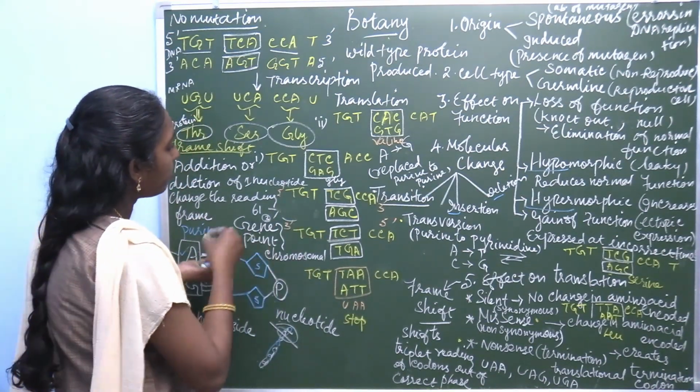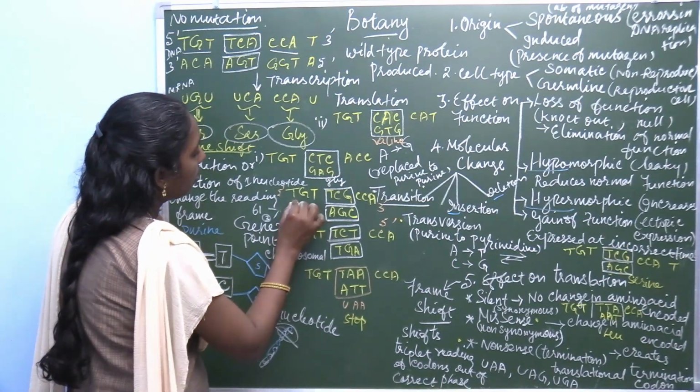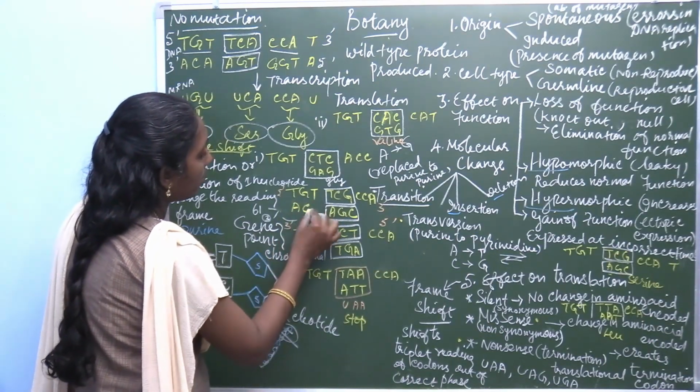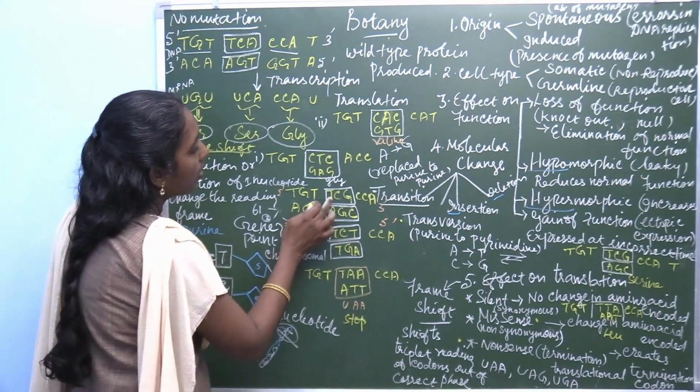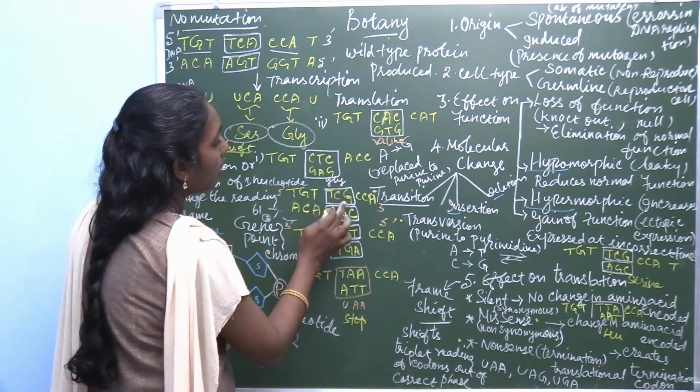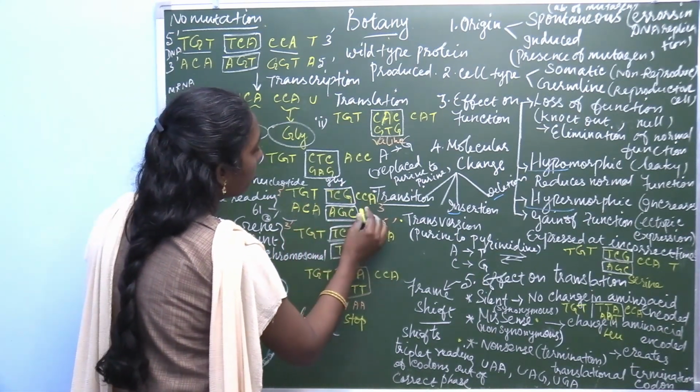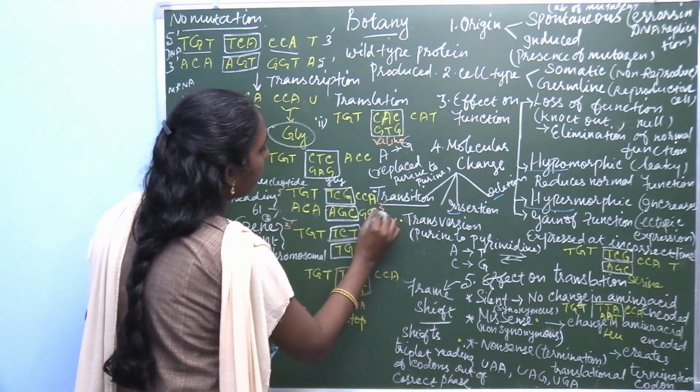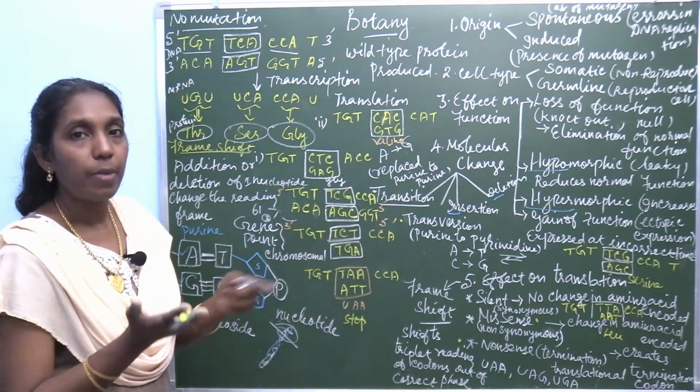Thymine combines with adenine, guanine with cytosine, and so on. So this is the base pair.